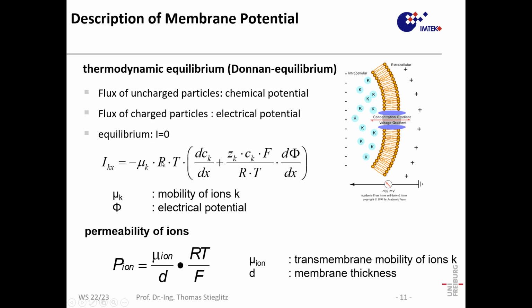We have, again, gas constant, temperature here. You see the Faraday constant and the charge number. We see a mobility. That is something some of you might know from semiconductor physics.